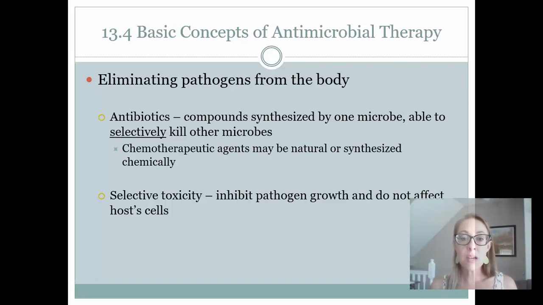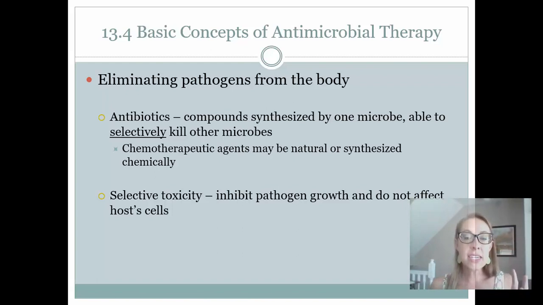So when we talk about selective toxicity, this is a critical feature that all of our chemotherapeutic agents need to have. We don't want to give a patient a drug, even if it's great at killing bacteria, if it hurts that patient's cells. That's simply not going to work for us.